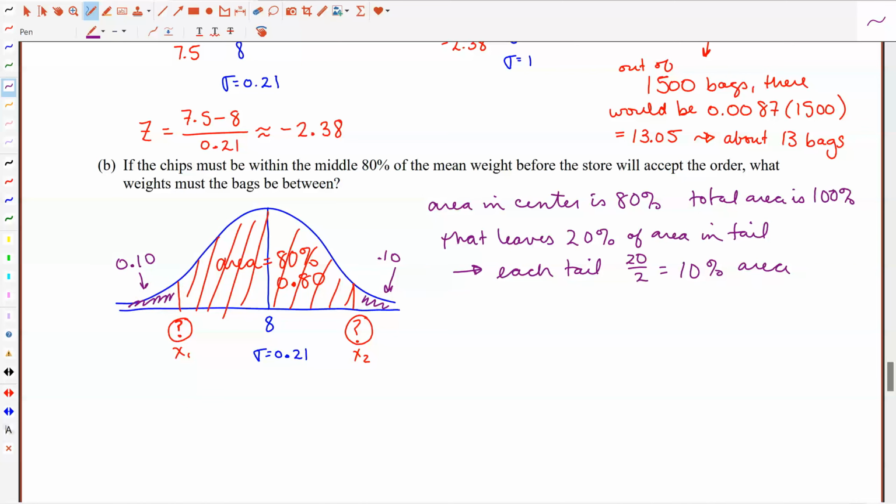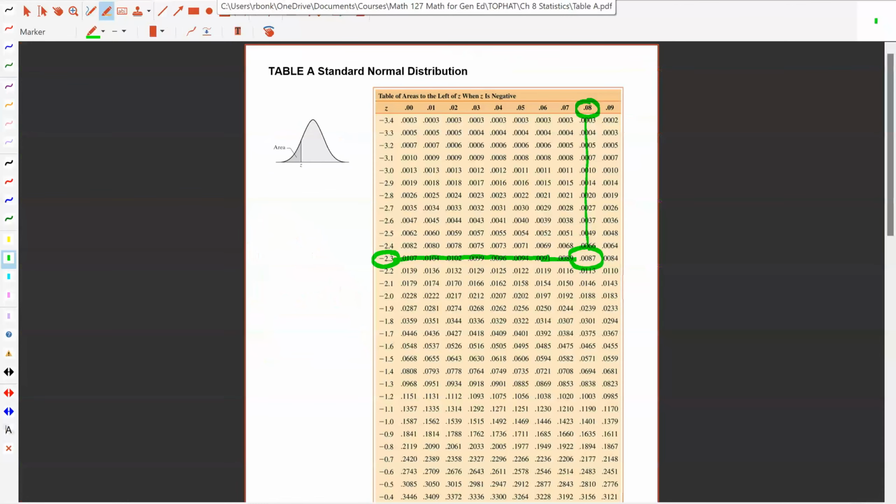So we can use our table to find the corresponding z-scores that would compare with those areas. Remember, when you're given areas and you're trying to find z-scores, the area information is in the center of the table. So I'm going to find this left one first. We're going to find what this z-score is, such that the area to the left of it is 0.10. All right, so to the table.